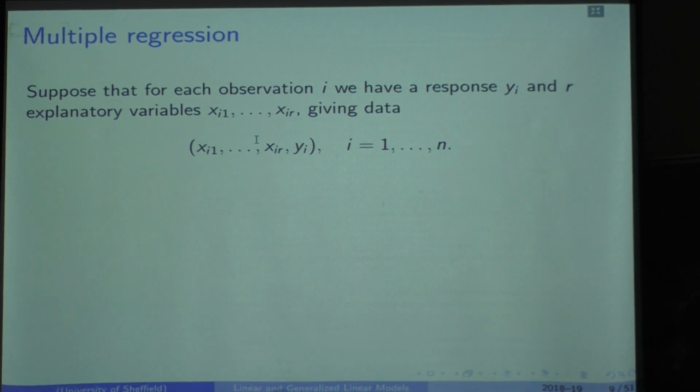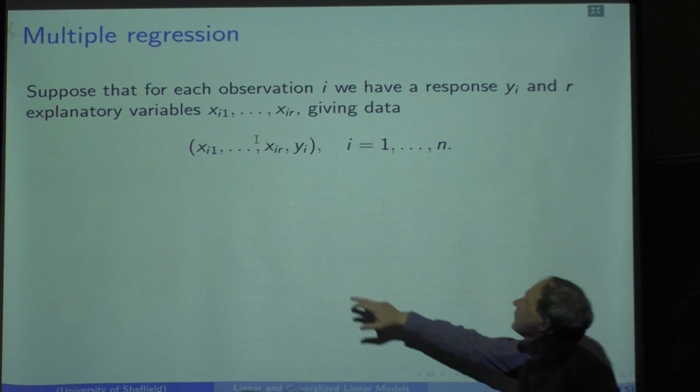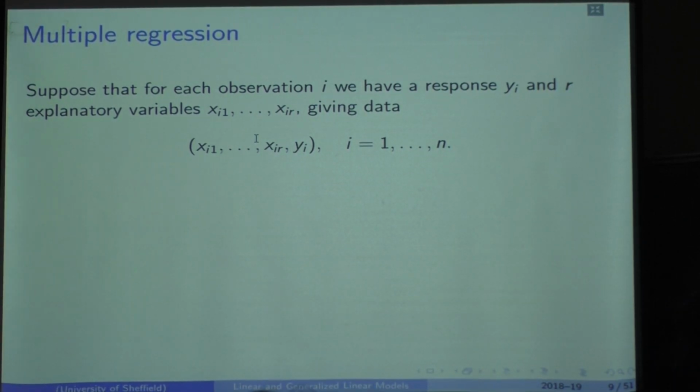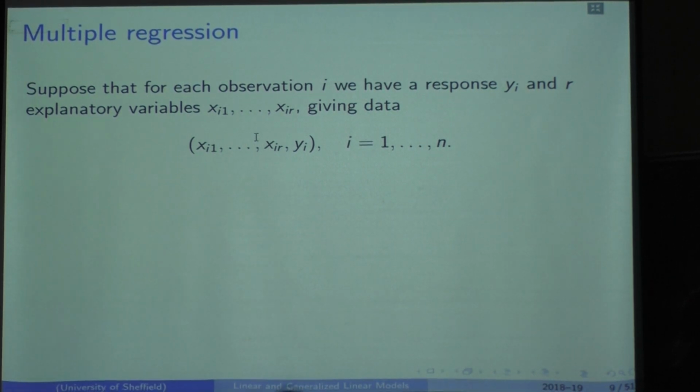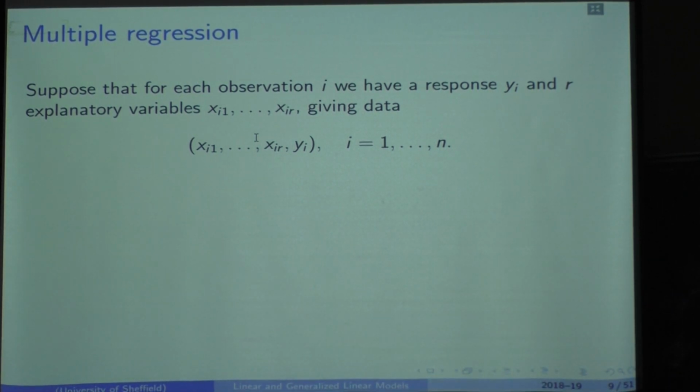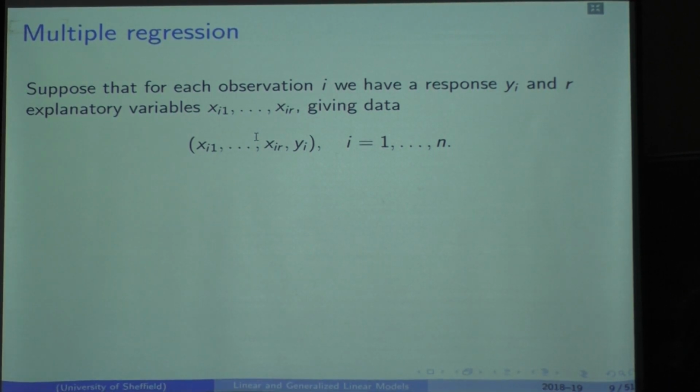And then, for each observation, you have a response, which in the asthma example would be the volume of air expelled. So for patient i, xi1 would be the pulse rate, xi2 would be the amount that they exercised, and xi3 would be the exposure to pollution.